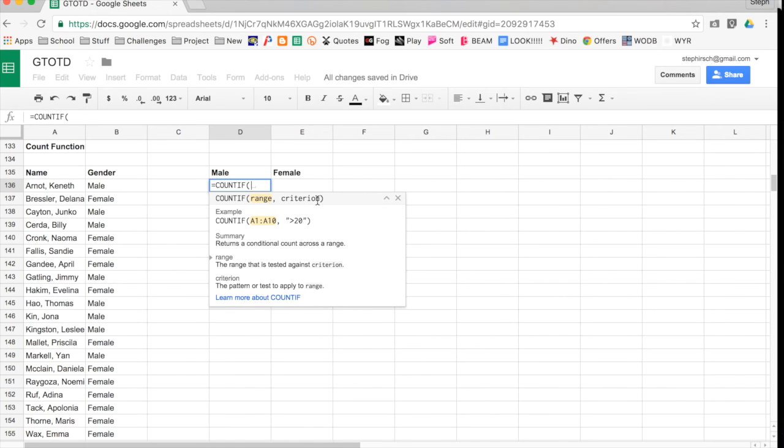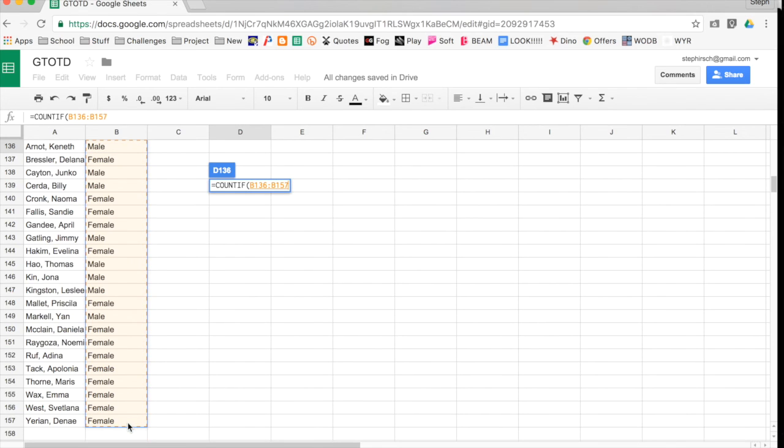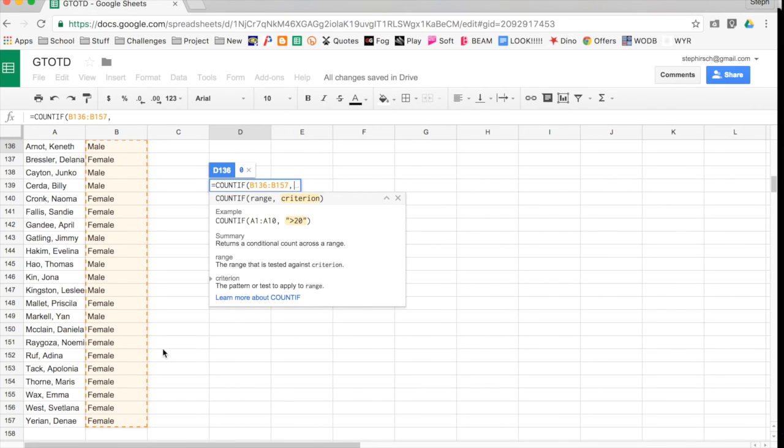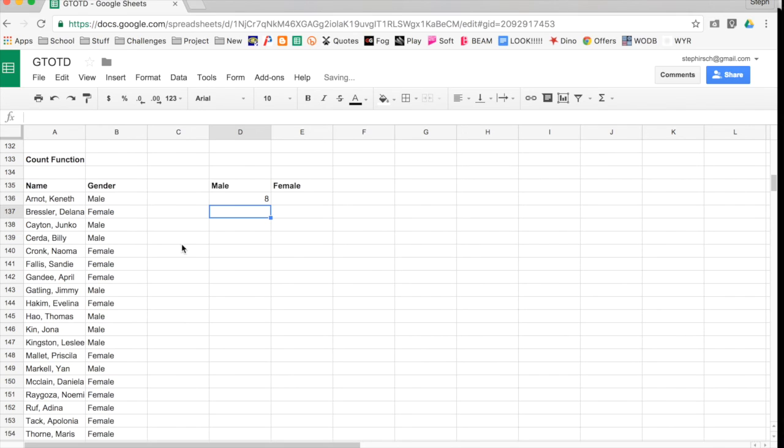That means what am I going to be counting? So here I want to find out of all these genders, I want to find out how many of them are male. So I could type in male, because that's what the input is. Say enter, and it will count the number of males there.